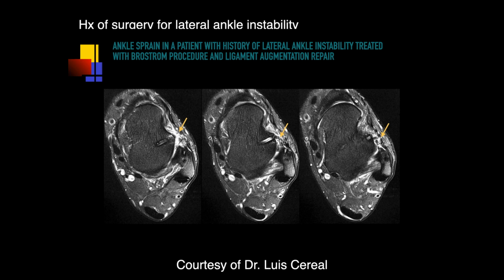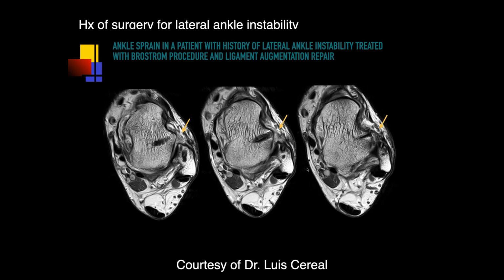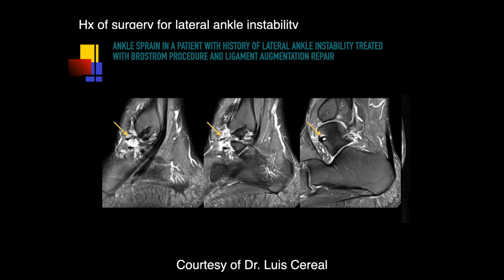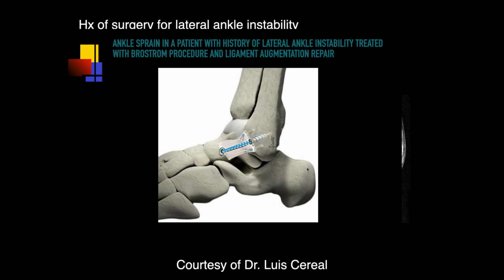Maybe there's some, I think it's maybe retorn. See some scar tissue there, and it looks like there's a lot of reaction to the surgery. So a lot of soft tissue reaction.